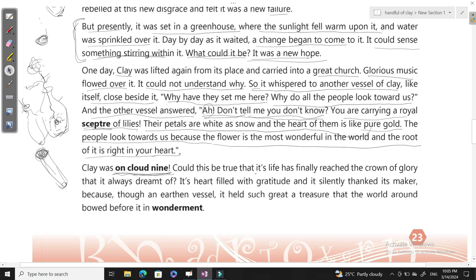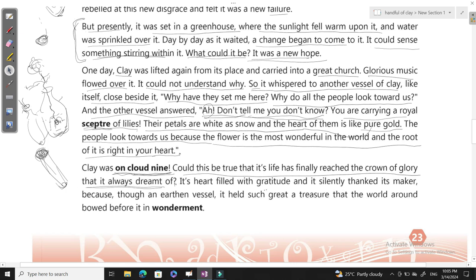Could this be true that its life has finally reached the crown of glory that it always dreamed of? आखिर में हम कह सकते हैं कि ये पॉट जो है क्ले, उसकी लाइफ का सक्सेस जो उसे चाहिए था वो मिल गया.